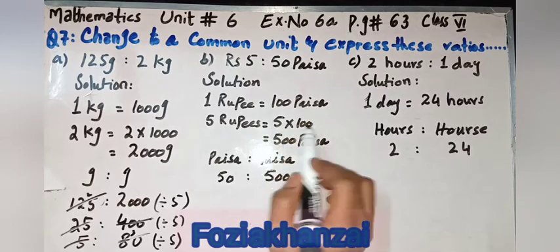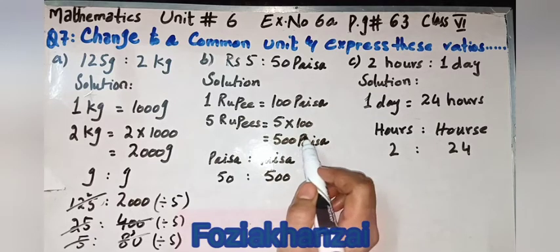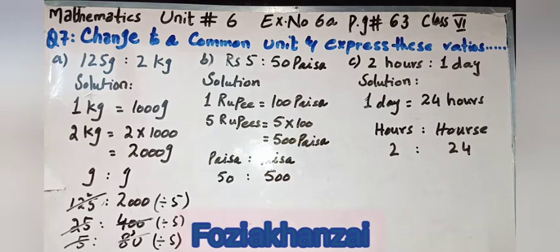So 5 multiplied by 100 is equal to 500 paisa. It means 5 rupees we convert into paisa. So we have 500 paisa. Now both sides are the same, paisa. Clear? Same quantities. So 50 is to 500.